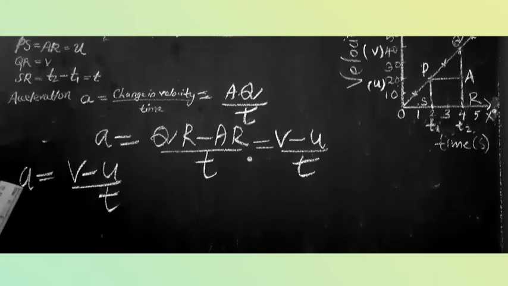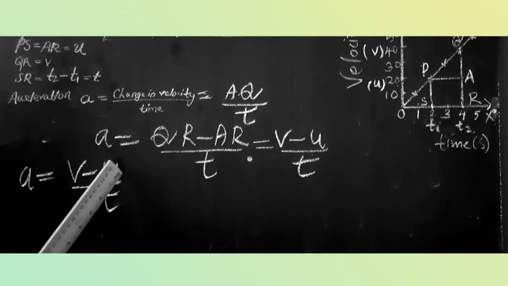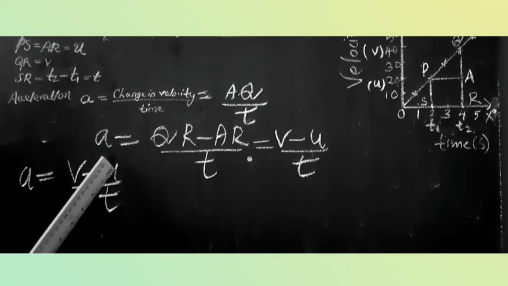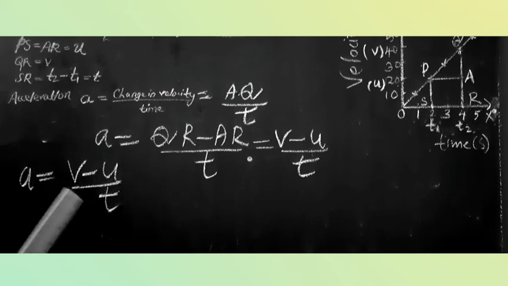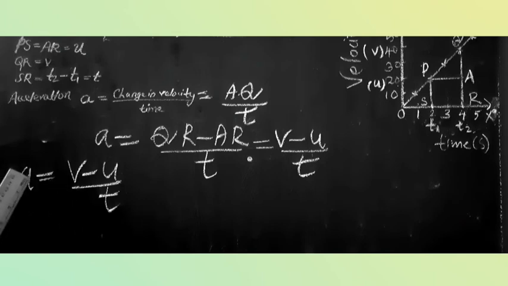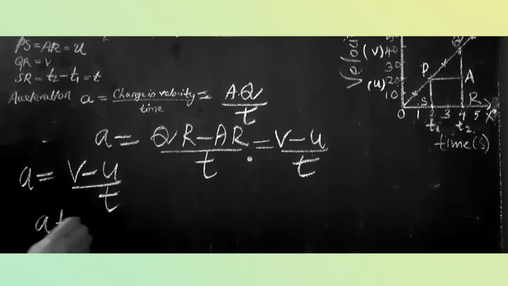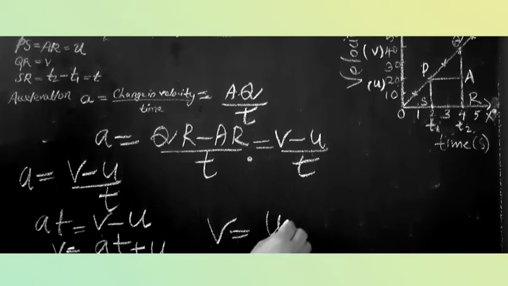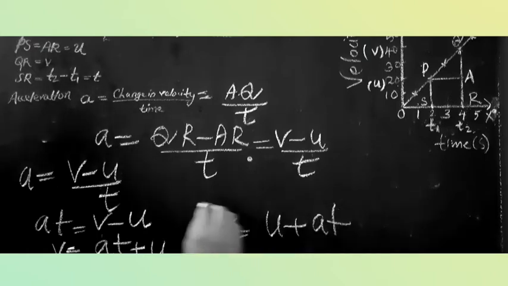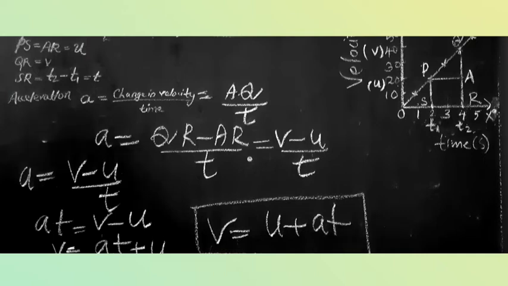Here a is acceleration, v final velocity, u initial velocity, and t time. Now, after cross multiplying, we have a into t is equal to v minus u. So at is equal to v minus u, or v is equal to at plus u, or v is equal to u plus at. This is the first equation of motion.